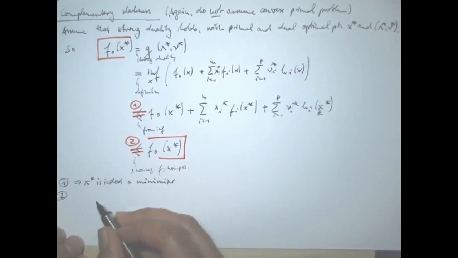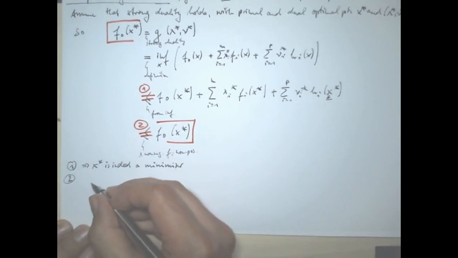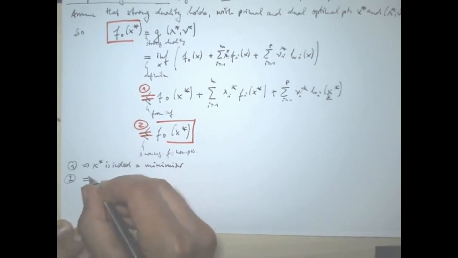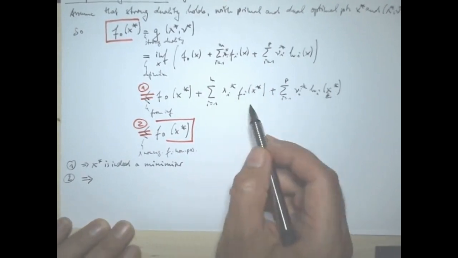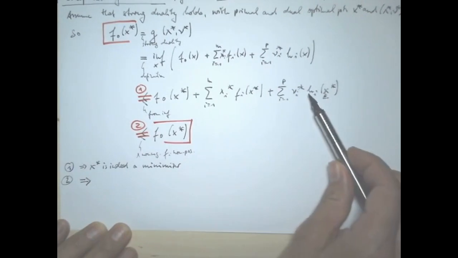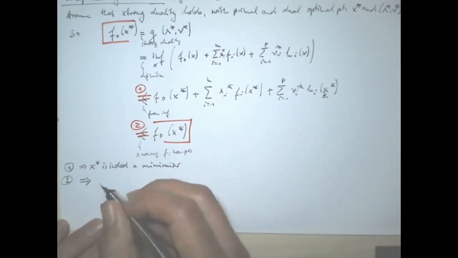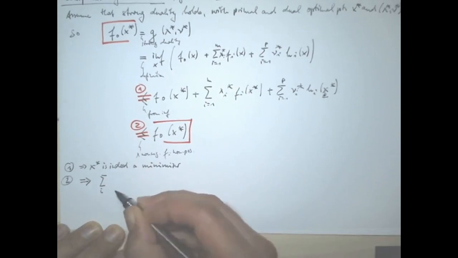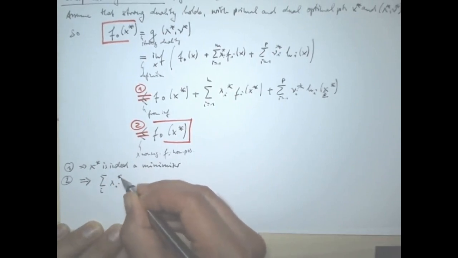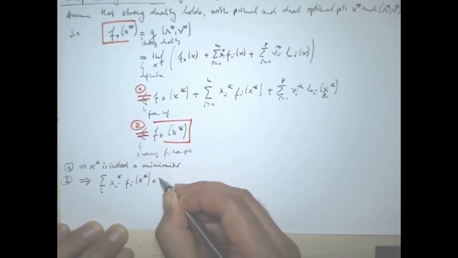And the equality number 2 is even more interesting. This now gives us the complementary slackness. So the last terms are 0. So what we have is that the sum over i of lambda i times fi must be 0.